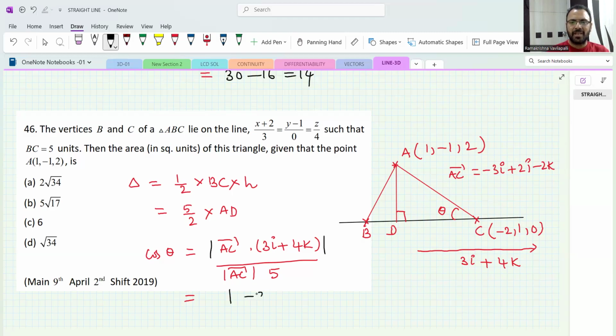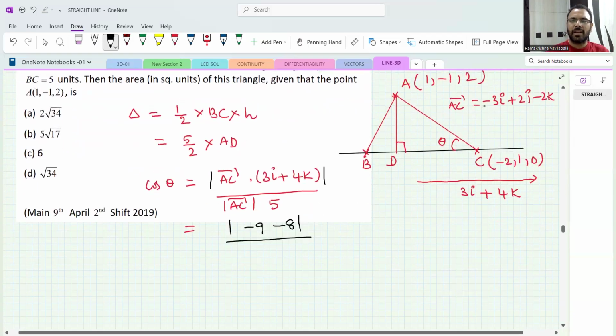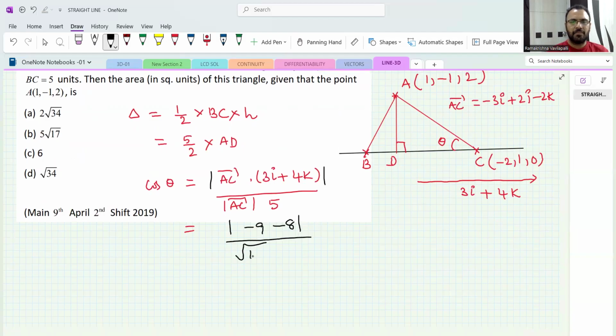Modulus of -9 minus 8, whole by the magnitude of the AC bar vector, that is root over 9 plus 4 plus 4, root 17, into 5. That's equal to root 17 by 5.